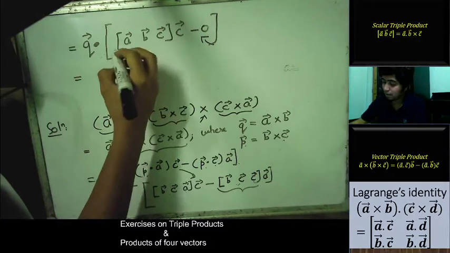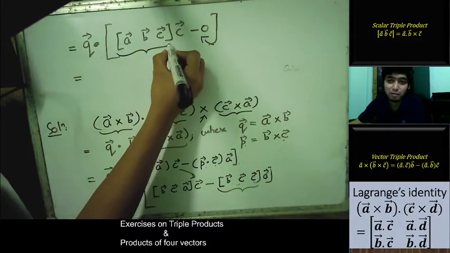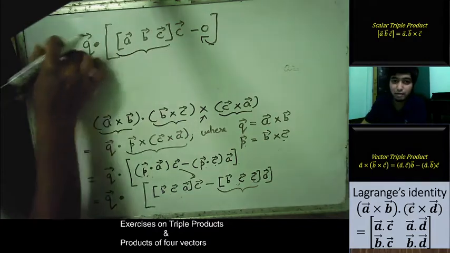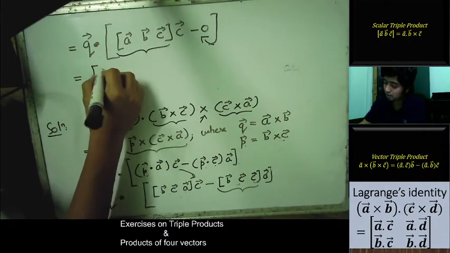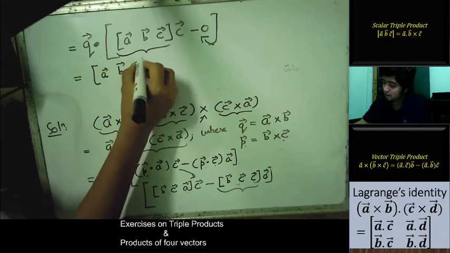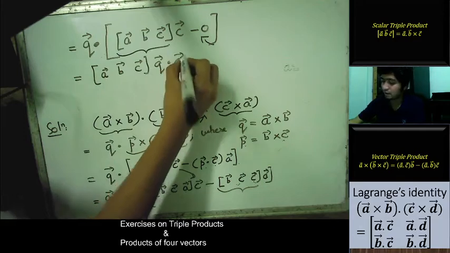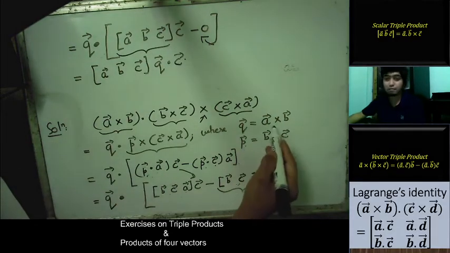Now, this one is a scalar, because the box product is a scalar quantity, so we can take the scalar all the way to the front, a, b, c. Then we will be getting q dot c. But just take a look, q is a cross b.